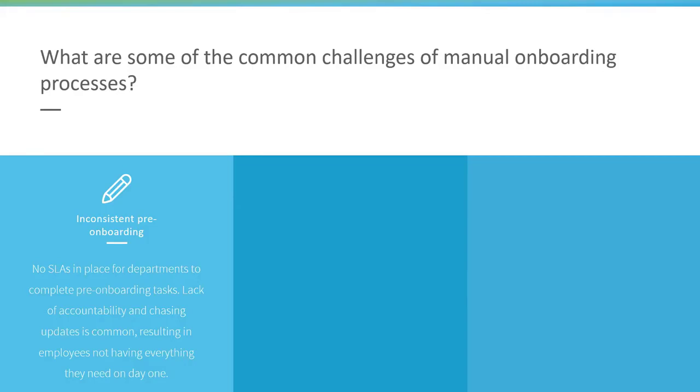It is very hard to share information with other people involved in the onboarding process, like HR members, mentors, direct managers, and trainers, because the information is stored in different people's inboxes. It is not centralized.